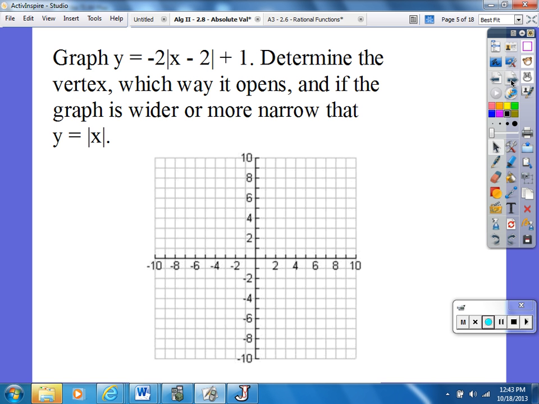And we're going to break this up into different pieces. The very first piece that you're always going to tell me is the vertex.